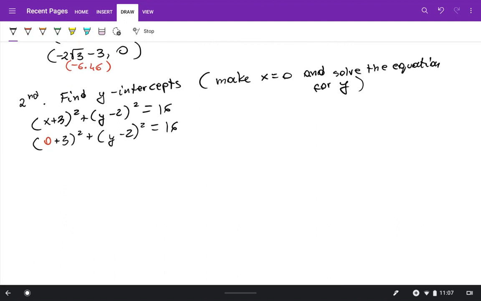So here we have 3 to the second power, which is 9, plus (y − 2)² = 16.